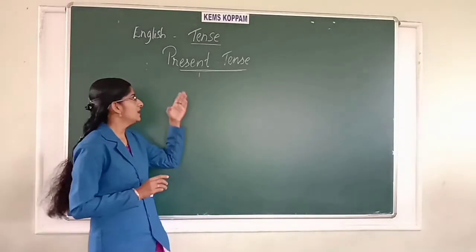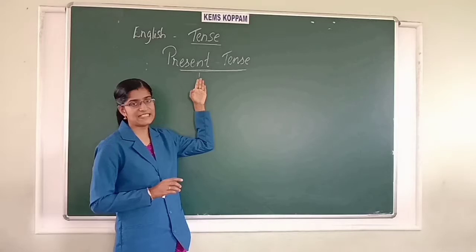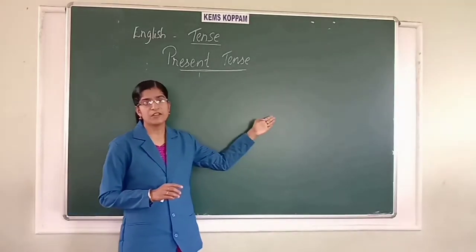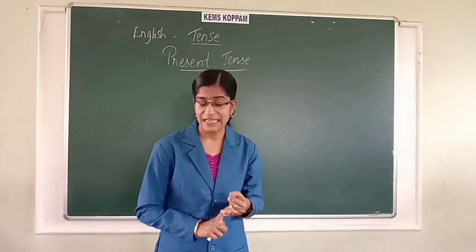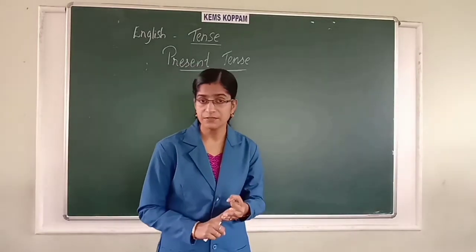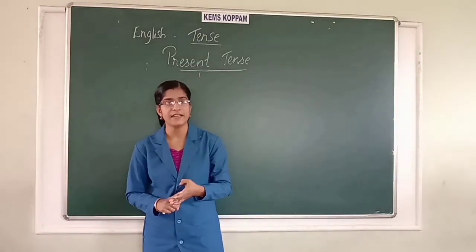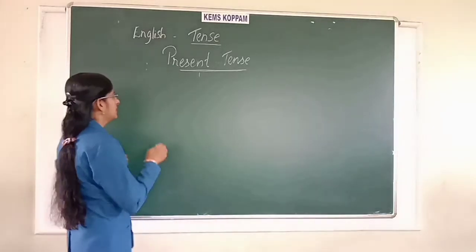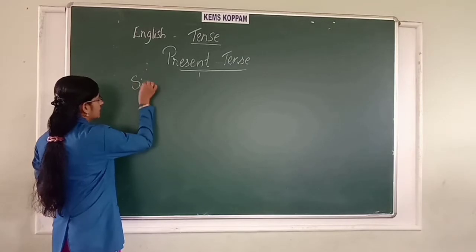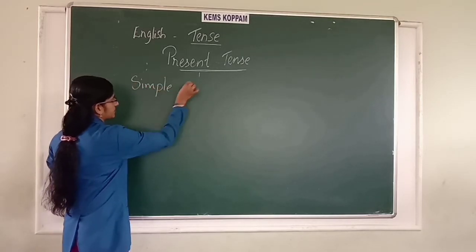So today let's look at present tense and its four subdivisions, which are: simple present, present continuous, present perfect and present perfect continuous. Okay. So first we will learn simple present.